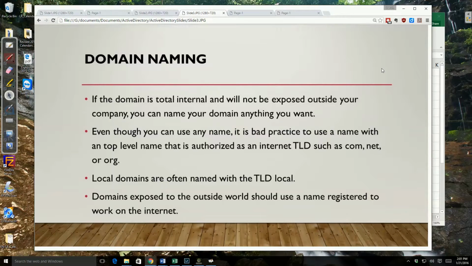If your web servers are going to be hosted by a web hosting company, the fee for the web hosting may include the registration fee for that top-level domain. So don't just use a domain name that you haven't authorized or registered, or make sure it is something like a .local that would never be exposed to the outside world.